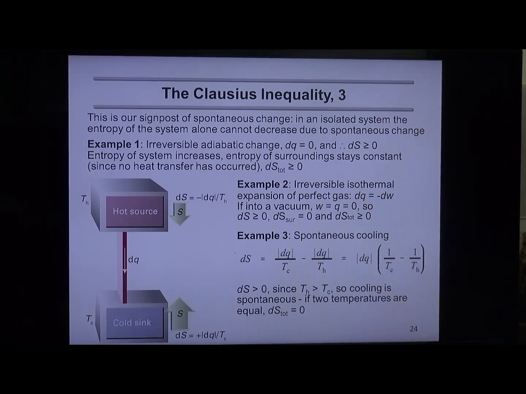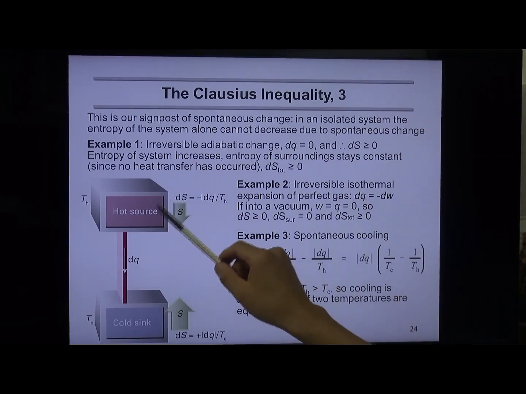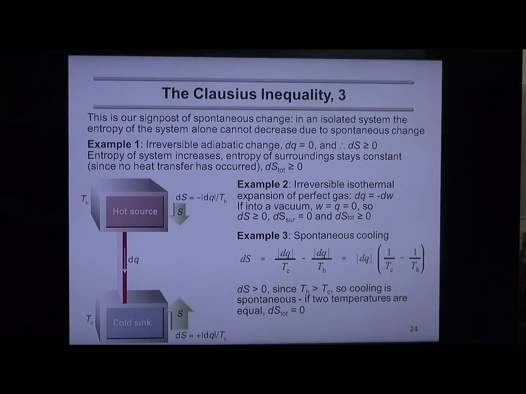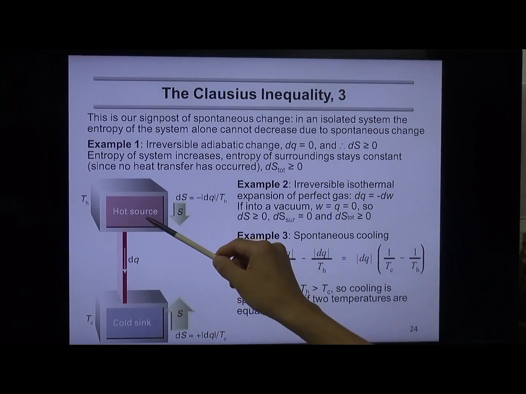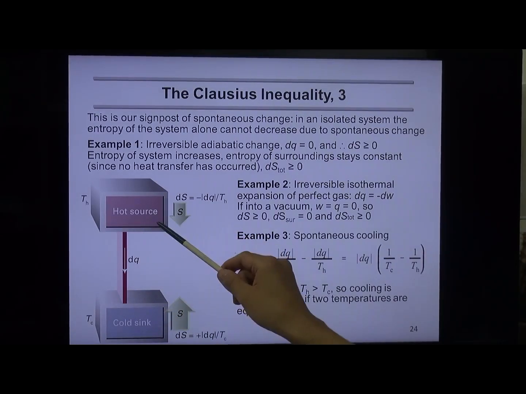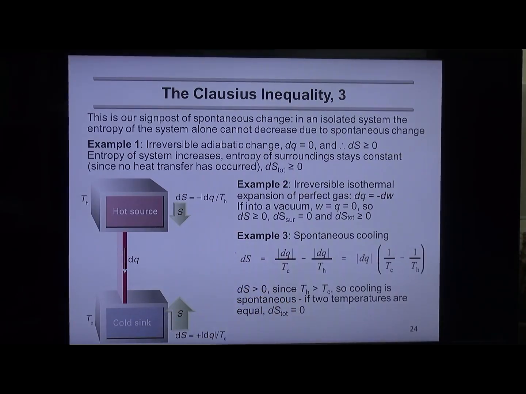How about spontaneous cooling? Let's say that we have a hot reservoir and a cold reservoir. By experience, we all know that some amount of heat would spontaneously transfer from the hot reservoir to the cold reservoir, from hot temperature to cold temperature. The flow of heat is spontaneous, right? Let's calculate the entropy change from this process.